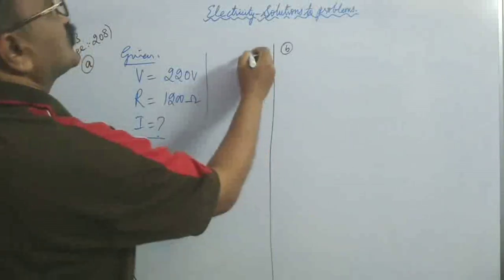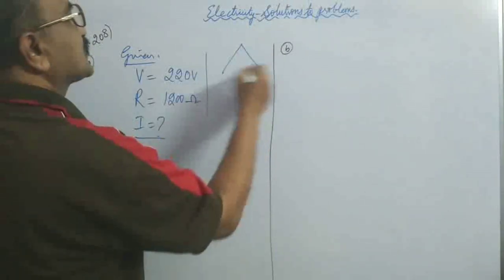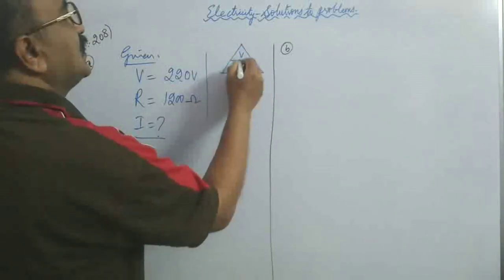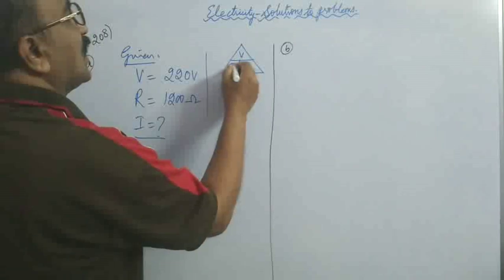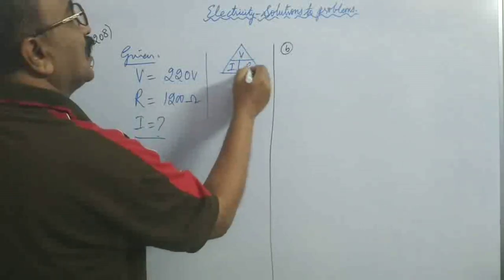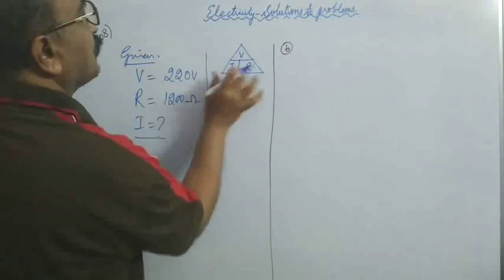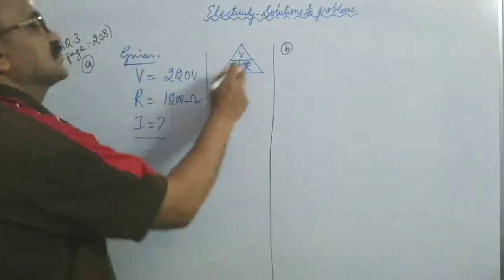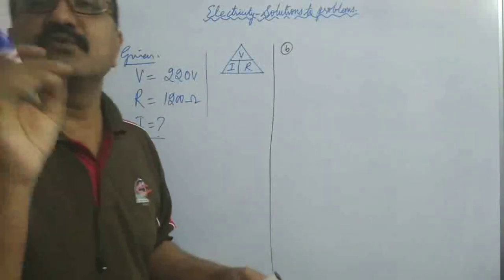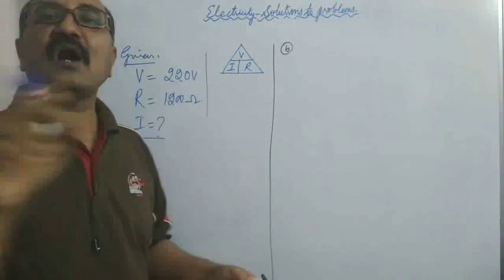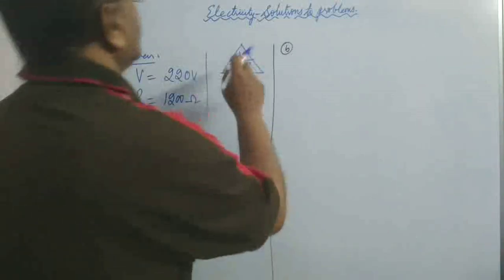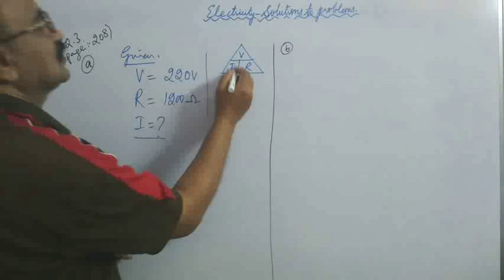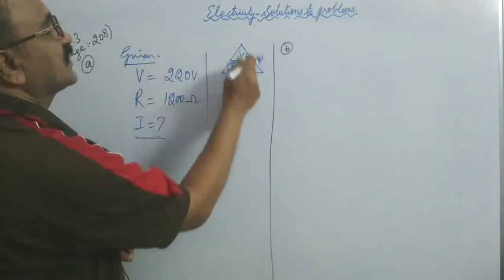Even if you don't remember that, just remember this triangle, with V at the vertex and I and R at the base, because Ohm's law is the relation between V, I, and R. Now V equals IR, and you are to find I, so the remaining is V by R.